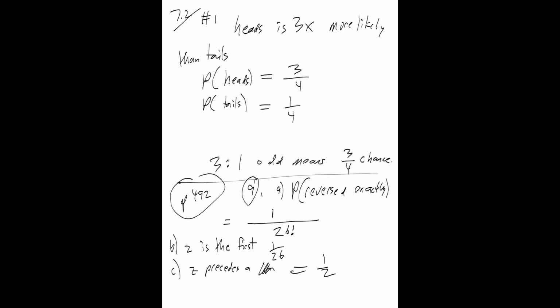Let's try to do part D. What's the probability that A immediately precedes Z in the permutation? What's the probability that A immediately precedes Z?